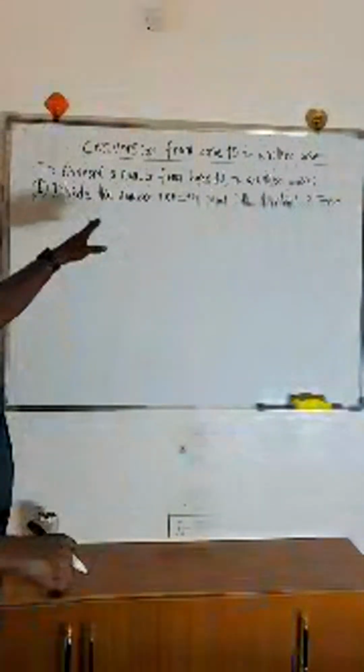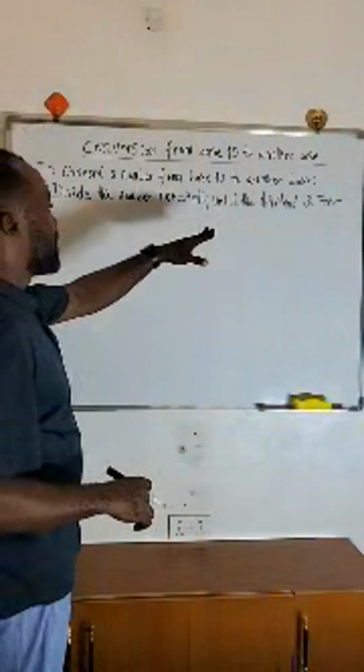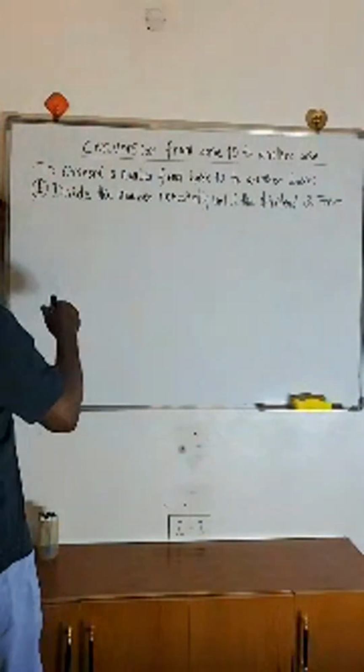Okay, divide the number repeatedly until the dividend is 0.